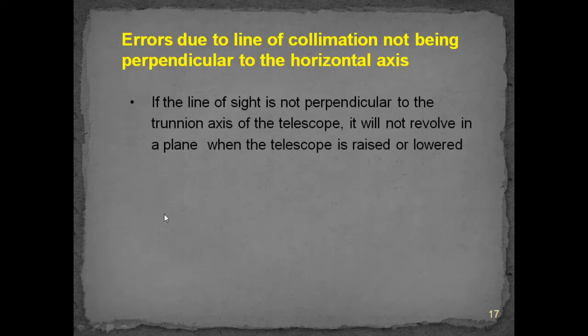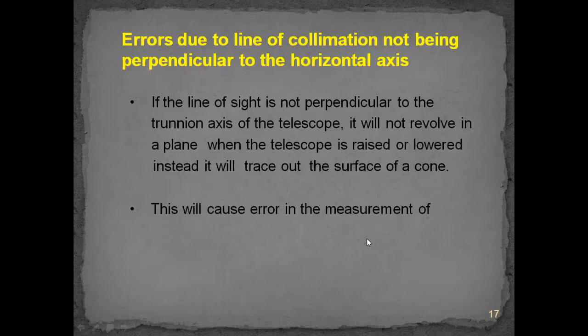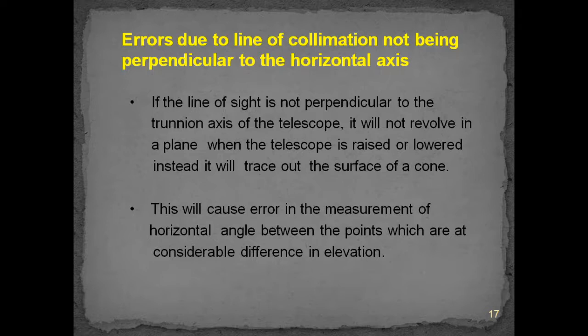If the line of sight is not perpendicular to the trunnion axis, what do you mean by the trunnion axis of the telescope? It is the horizontal axis. So the line of sight will not revolve in a plane when the telescope is raised or lowered, and instead it will trace out the surface of a cone. This will cause error in the measurement of horizontal angle between points which are at a considerable difference in elevation.